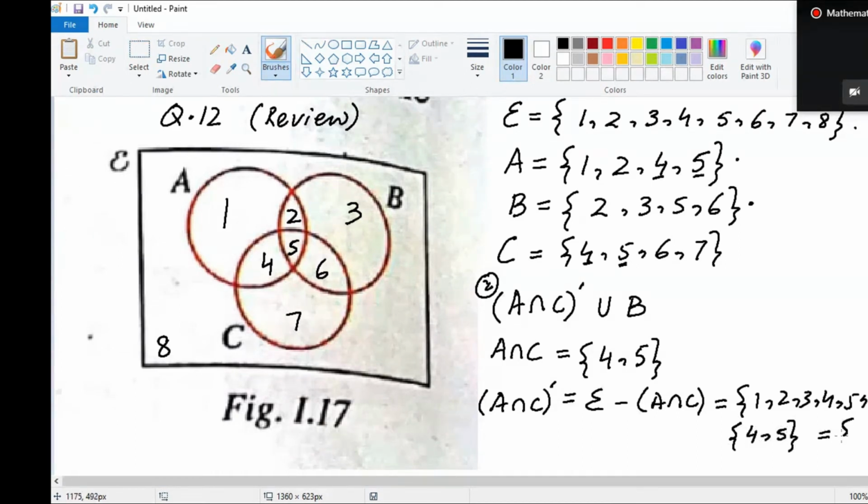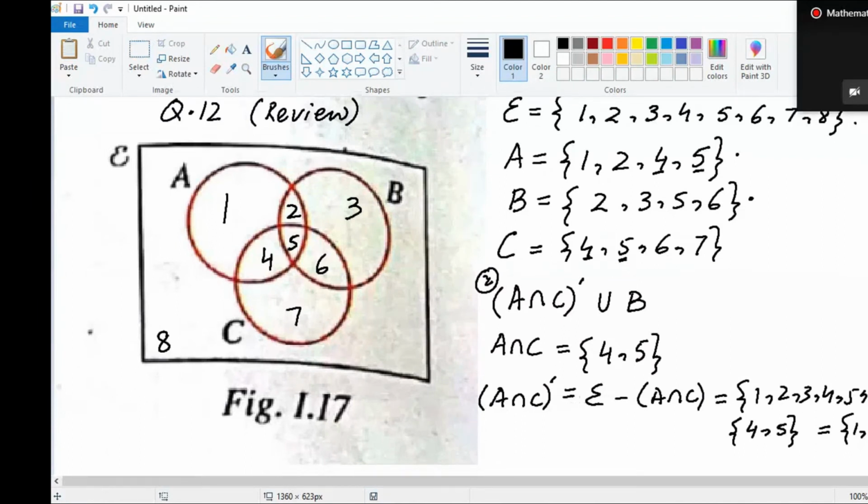So what will be my answer? It will be 1, 2, 3, 6, 7, 8. Remember, 4 and 5 have been cut out. Okay? So 1, 2, 3, 6, 7, 8 is my answer of A intersection C whole complement.